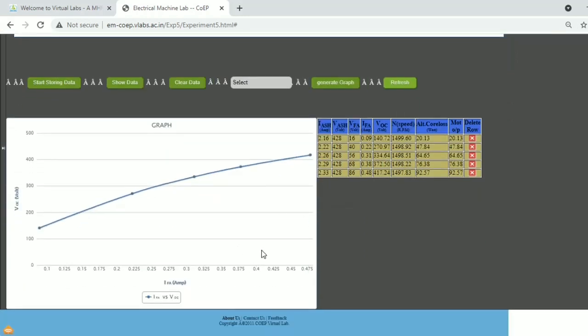So here you see this is the graph between no load induced EMF versus various field currents. Some portion of the OCC, this is also known as the OCC characteristic, is linear, but after that it may be slightly curved, which means from here to here it follows a linear relation, but after some point it gets saturated.